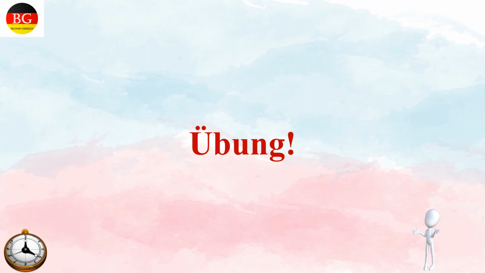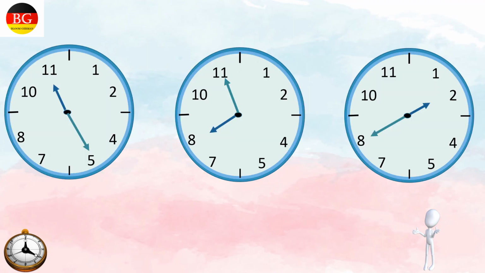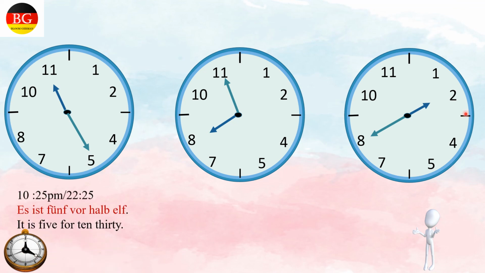Übung time. Let's do some practice. Here are 3 clocks for us. Let's do it together. So our first clock, what is it saying? Wie spät ist es? Es ist 11:05.